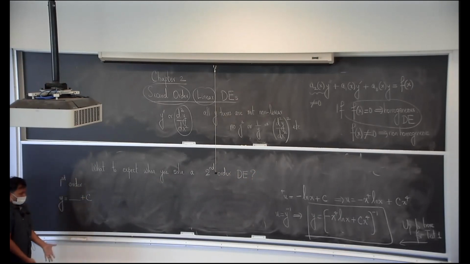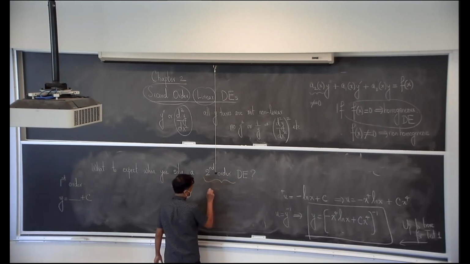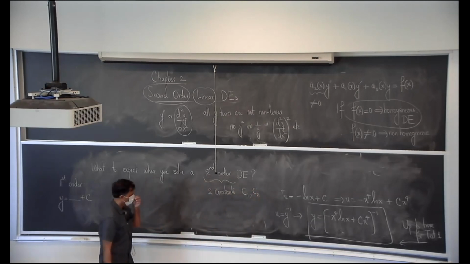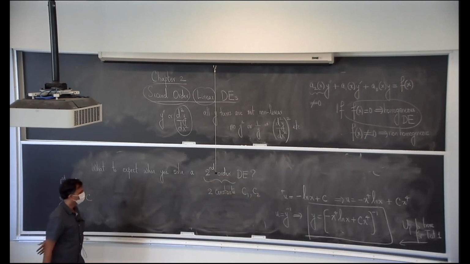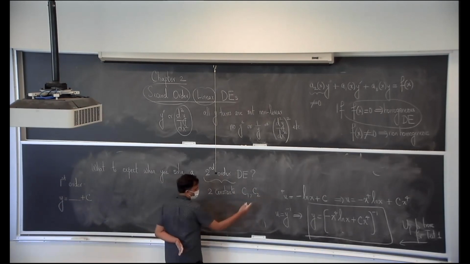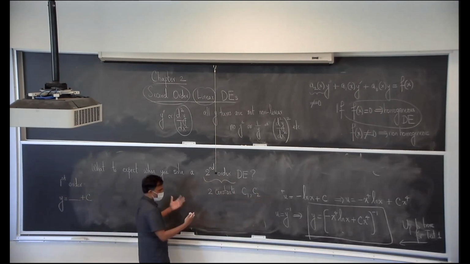So it's natural to expect that when you go up an order, you're going to have more constants there. It's going to have two constants. We'll call it C1, C2. And one of these could be equal to 0. So to find C1 and C2, we need some extra conditions.